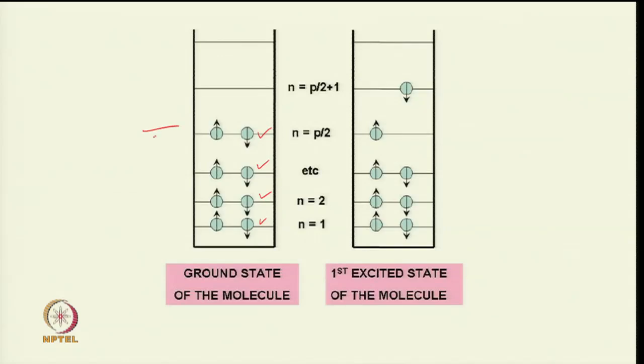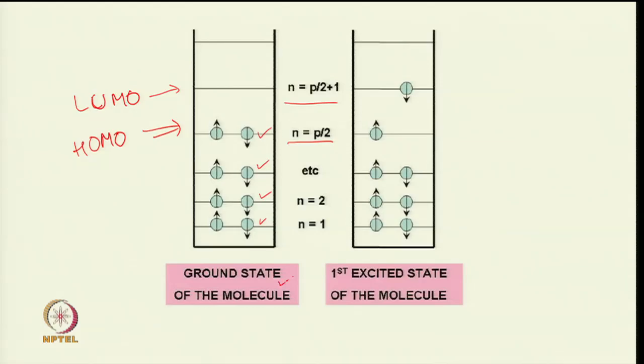And this is your highest occupied molecular orbital, HOMO, and this will be the lowest unoccupied molecular orbital, LUMO. HOMO n is equal to p by 2, where p is the total number of electrons, and so 8 by 2 is 4, and LUMO n is going to be 4 plus 1, 5.